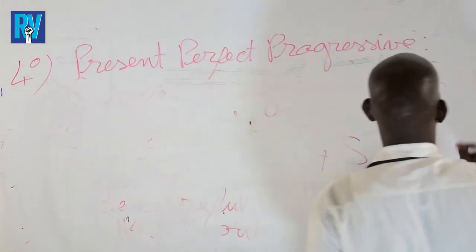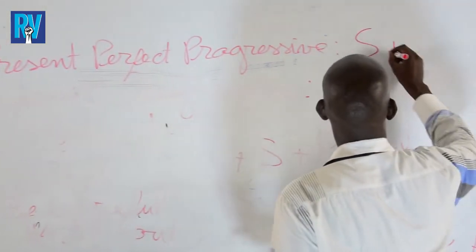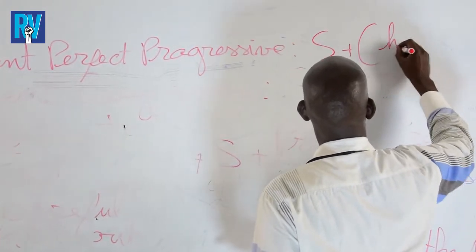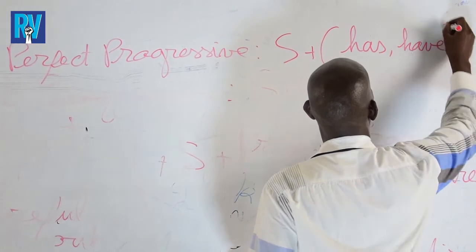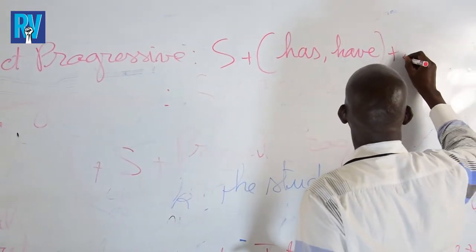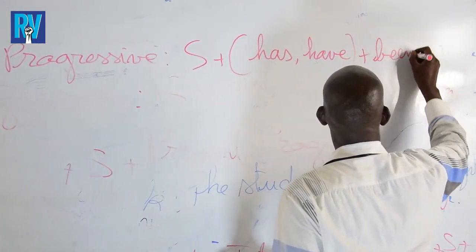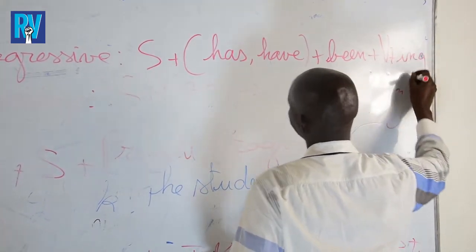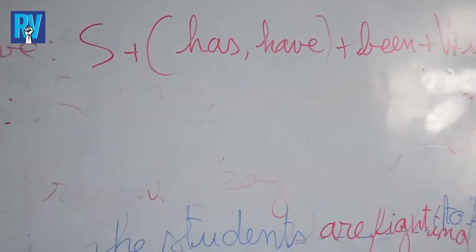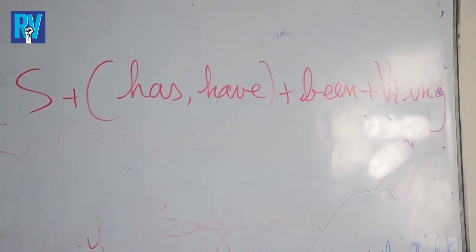For the present perfect progressive, you have subject, and you have to choose between has or have plus been plus verb plus ing form. So this is the present perfect progressive. Comment on conjugue au present perfect progressive?